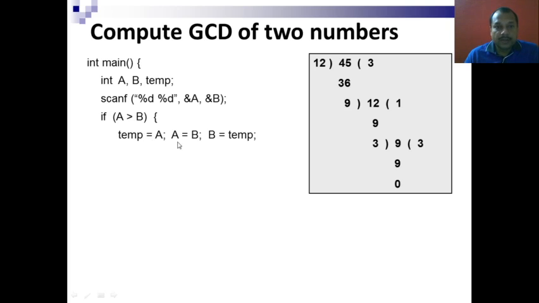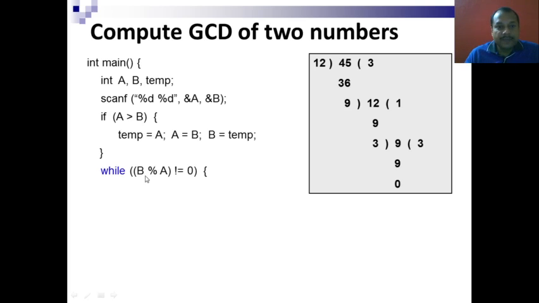In this case, the whole purpose is to ensure that b is always greater than a. And if, for example, in the input b is already greater than a, then this condition will not be true and there is no need of executing this statement, but otherwise it will be executed.